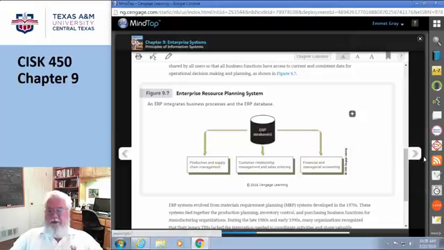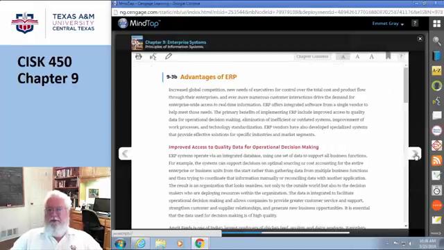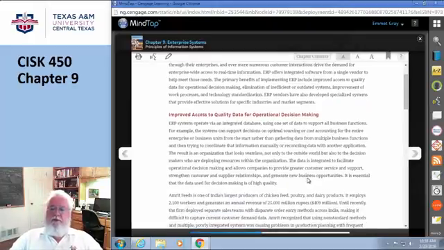So that is what an ERP is all about. Now, ERPs have some significant advantages, mainly which we just talked about. They talk about improved access to quality data. So over and above what a TPS can do, these guys can provide better data. And the reason they can provide better data is because they have one database.